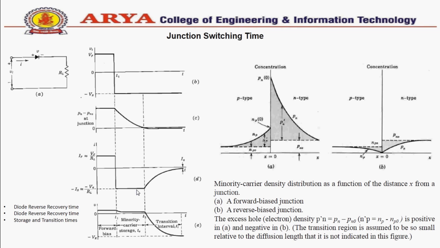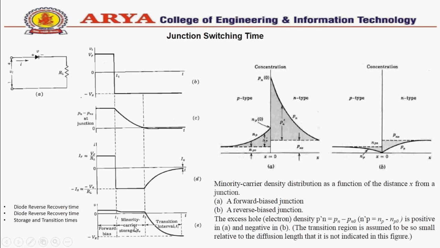At time t equal to t2, when the excess minority carriers in the immediate neighborhood of the junction have been swept back across the junction, the diode voltage begins to reverse and the magnitude of the diode current begins to decrease. The interval t1 to t2 for the stored minority carriers to become 0 is called storage time, represented by Ts.